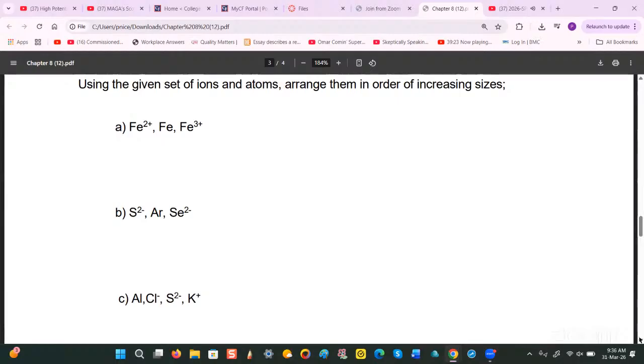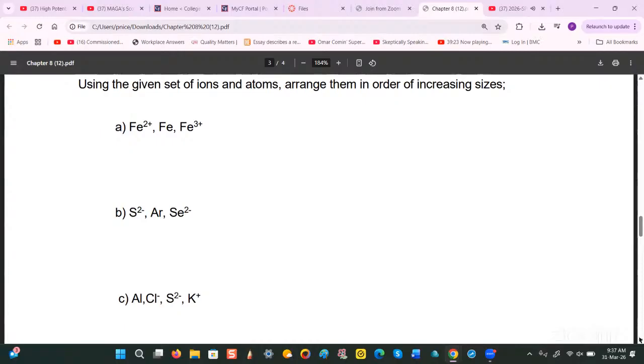The shell that is added will be further and further away from the nucleus, and the atomic size basically can be seen as the distance between the nucleus and the valence shell. So as you go down the group, the valence shell will be further away from the nucleus, and therefore the atomic size will increase.